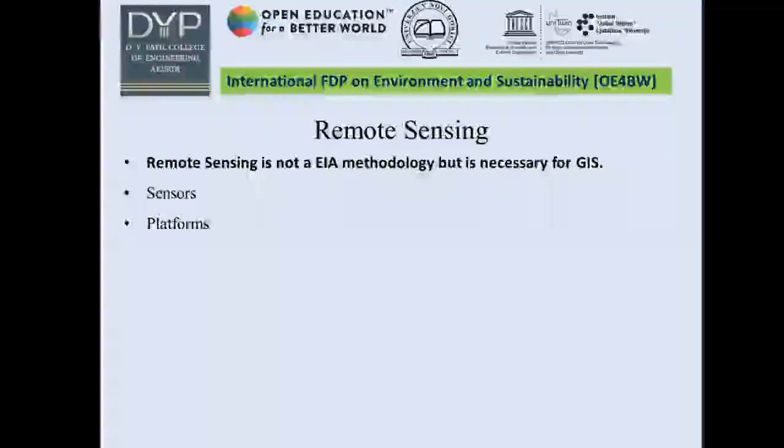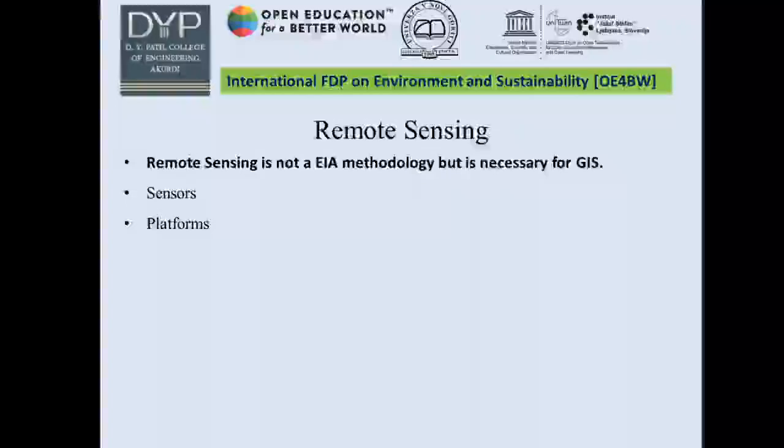Remote sensing is not an EIA methodology, but it's necessary for GIS. Remote sensing is sensing without being in physical contact with the object, like with a camera and so on. There are two types of sensors used: one is passive sensors, the next is active sensors.